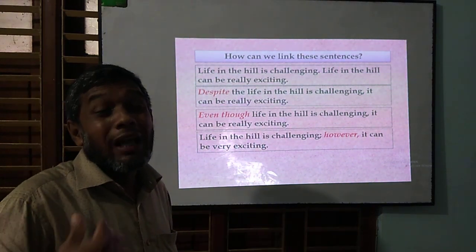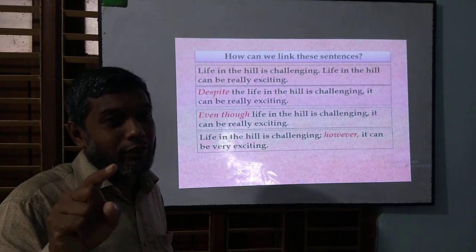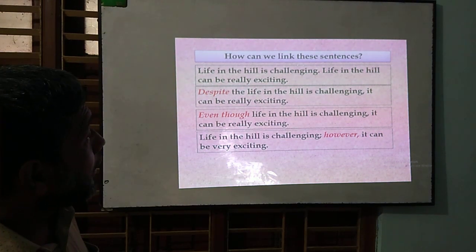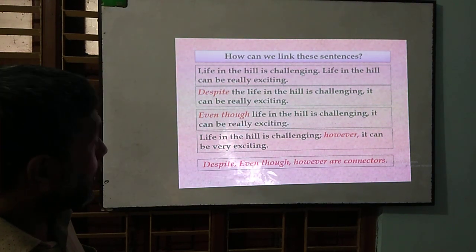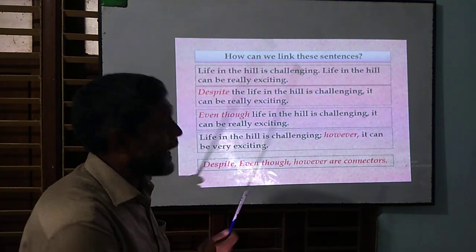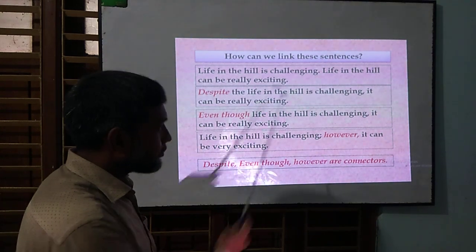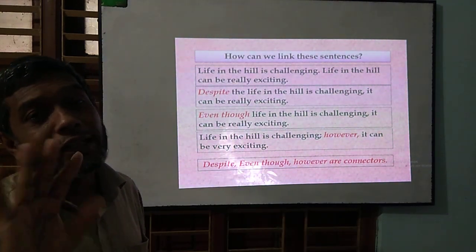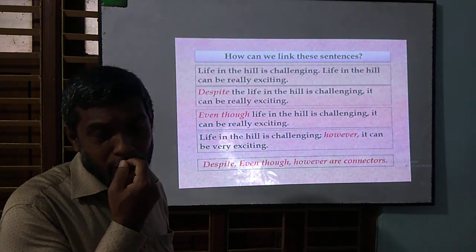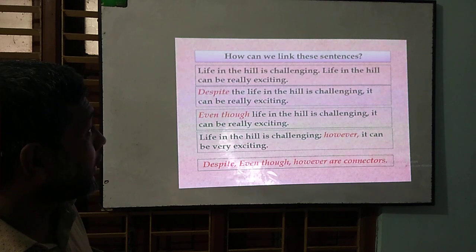In whichever way you think, you must use that type of connector, then your answer will automatically be correct. So despite, even though, however are connectors, because by using these words we have joined 2 sentences together. So these are called sentence connectors. As a student of class 10, you know it completely. I believe it strongly.